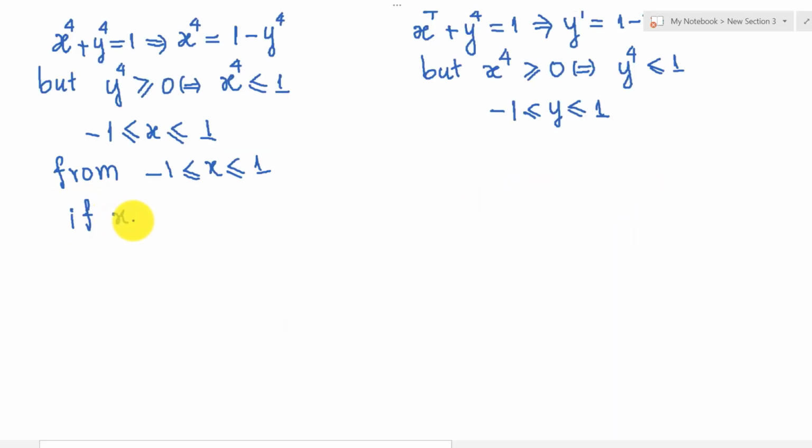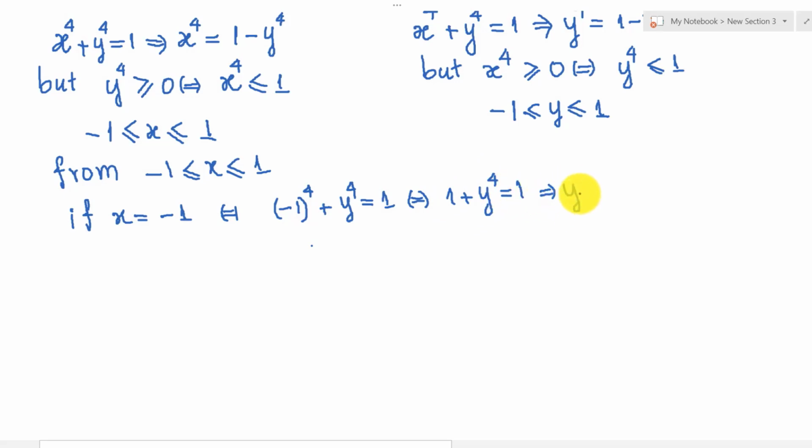If x equals -1, then from x^4 + y^4 = 1 we get (-1)^4 + y^4 = 1, then 1 + y^4 = 1, so y^4 is equal to 0 and y is equal to 0.